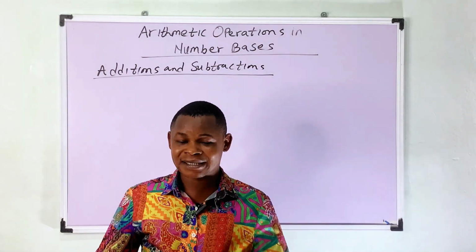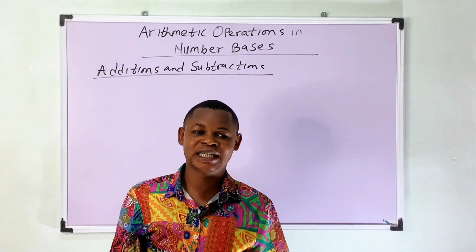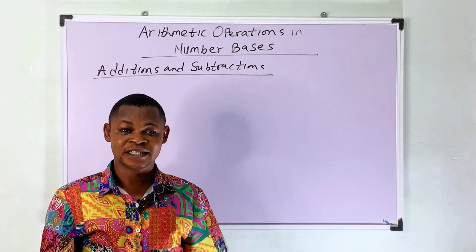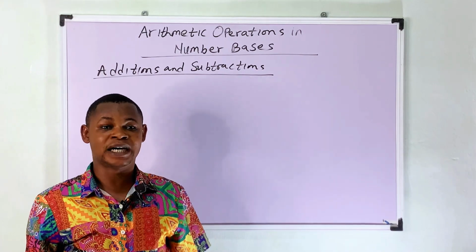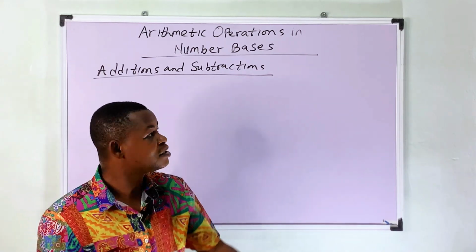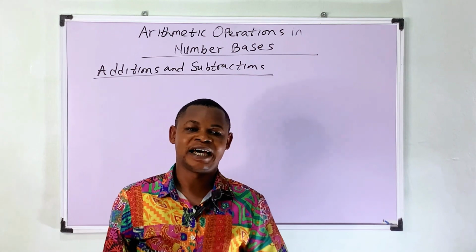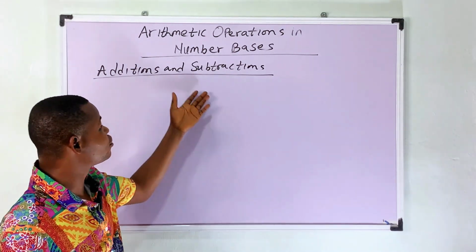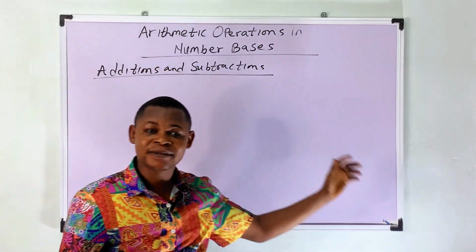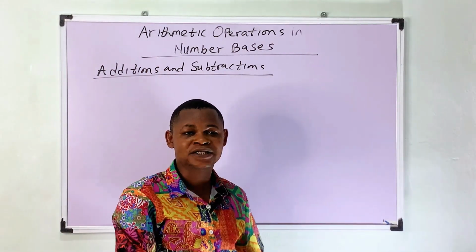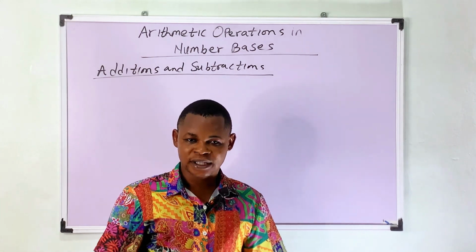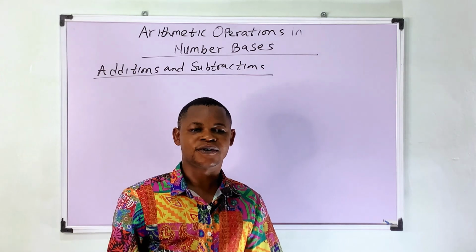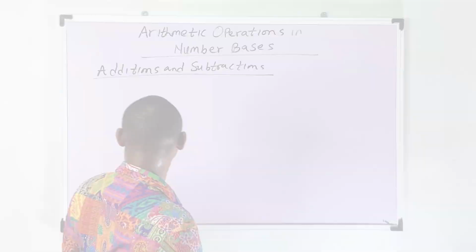It is quite simple, but it is quite unfortunate that many of us, even graduates, were just fortunate that the exams they've written don't touch some of these questions. And I'm telling you, many people find it difficult to solve arithmetic operations in number bases other than 10 and 2. Today, I'm going to demystify this for us. Let's get started.